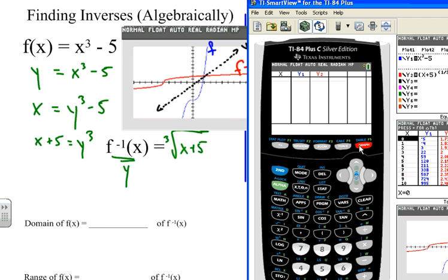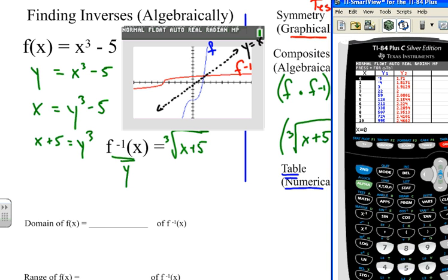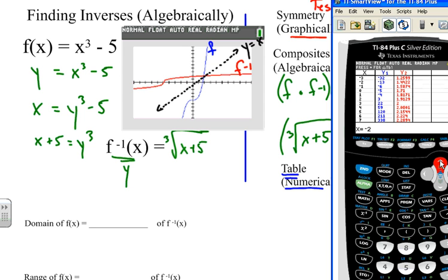We'll go over to our table right here, and I'm going to look at some values. For example, 0 and -5 right there. When I plug into the original, oops, not right there, I apologize.